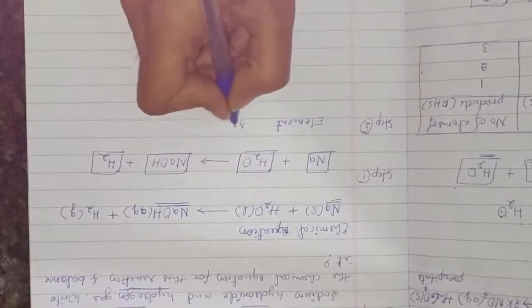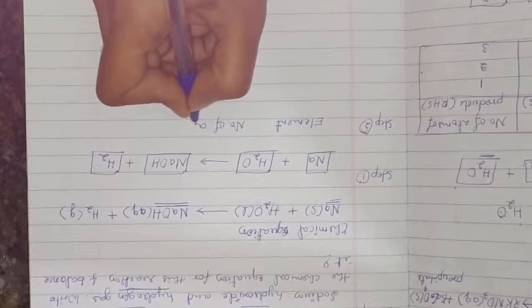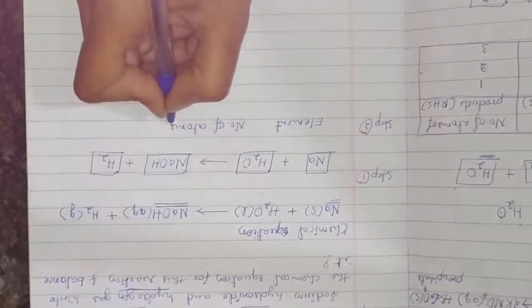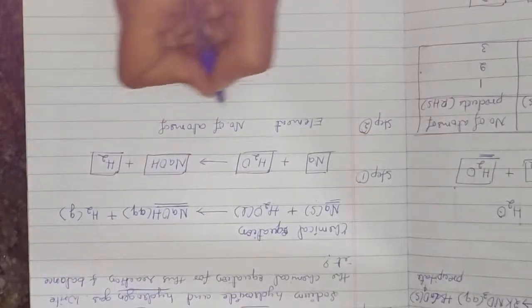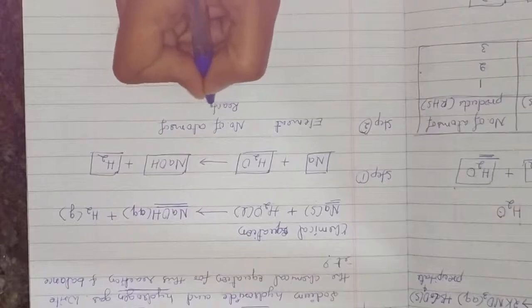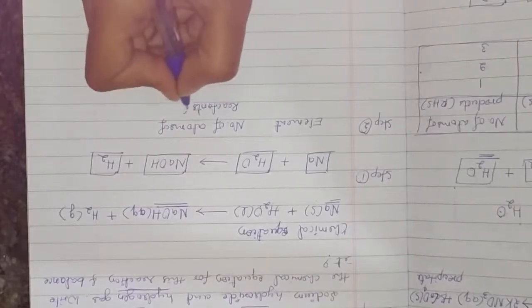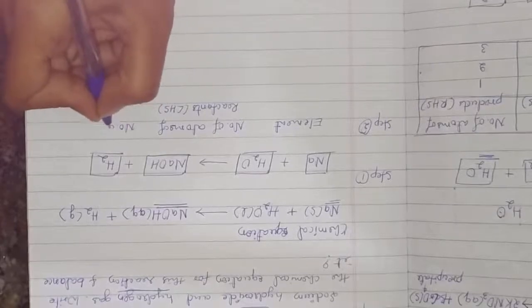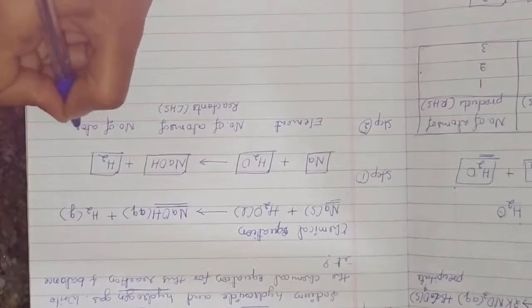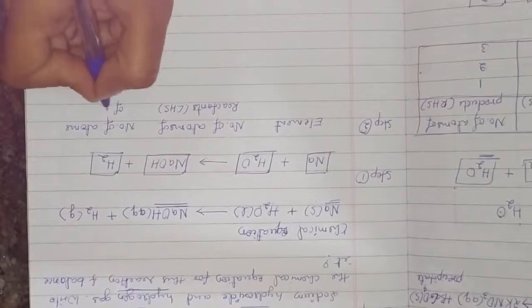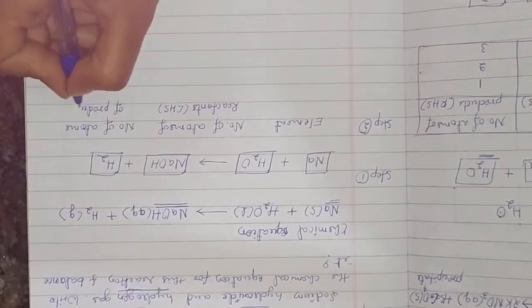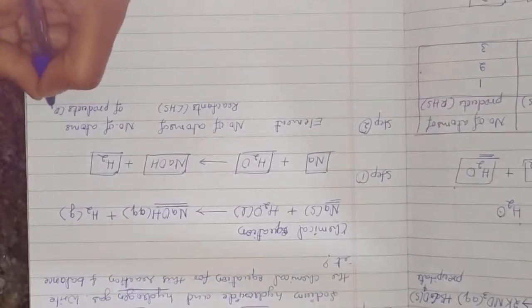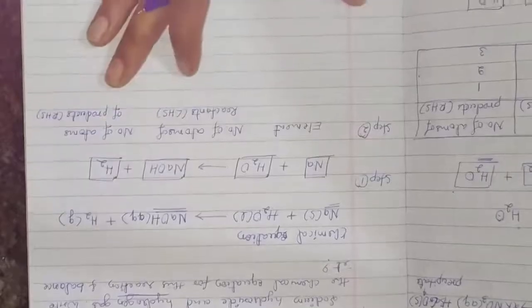Element, number of atoms of reactants, left hand side. Now we will write the number of atoms of products, right hand side.